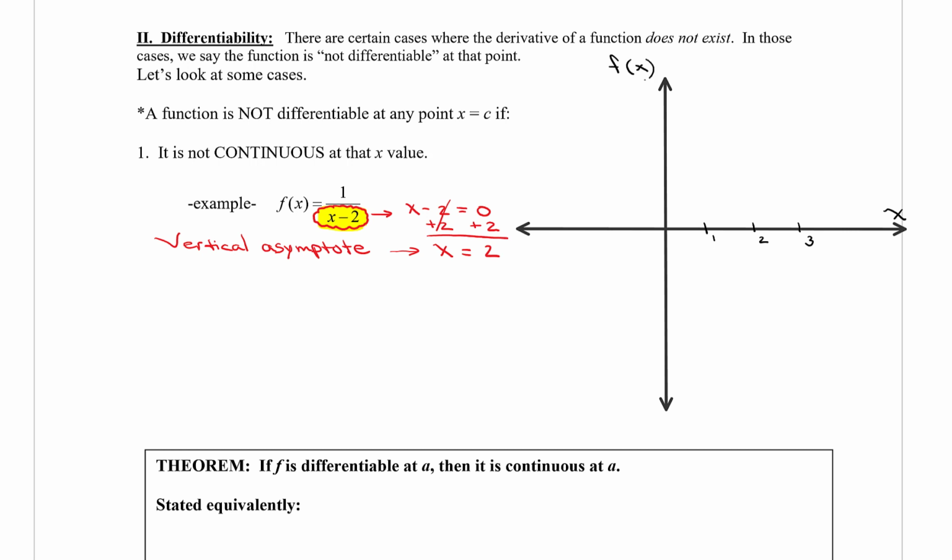So right on top of where x is equal to 2, I'm going to draw a dashed vertical line. And I'm going to label that line with the equation x equal to 2. I'm going to go ahead and draw a sketch of the function f of x equals 1 over x minus 2.